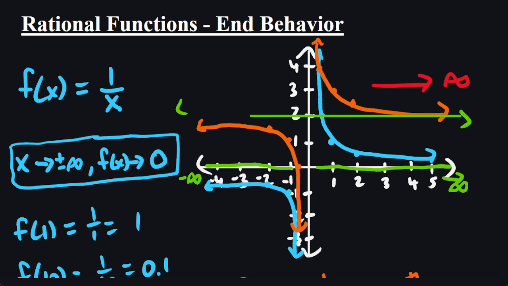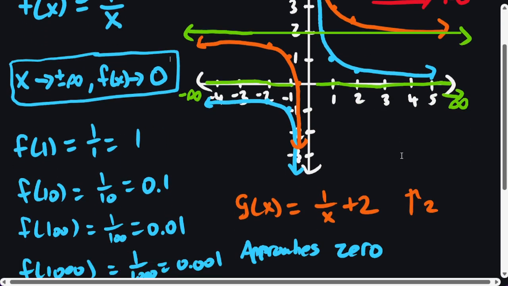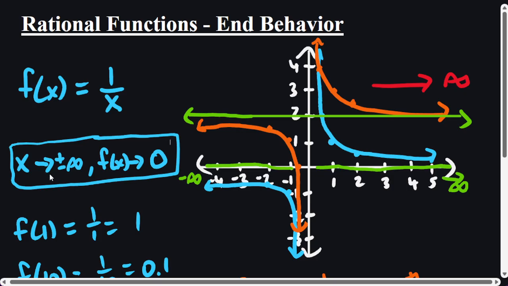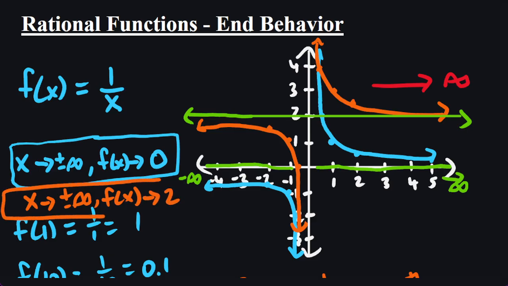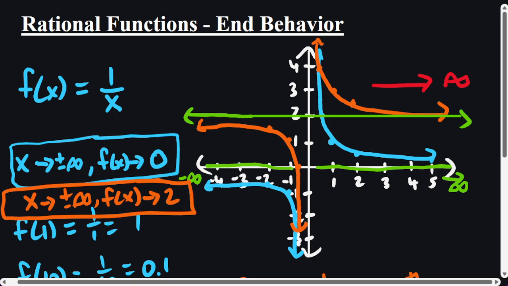Okay, so g of x approaches 2. So right here, the end behavior has shifted up by 2. So instead of as x approaches plus minus infinity, f of x approaches 0, for g of x it would be as x approaches plus minus infinity, g of x approaches 2. There we go. So that's the end behavior.